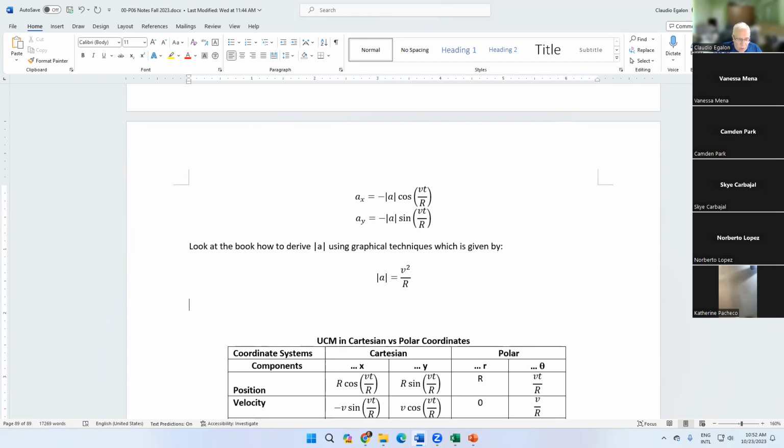This term, the above term, is called the centripetal acceleration. Centripetal means acceleration towards the center.